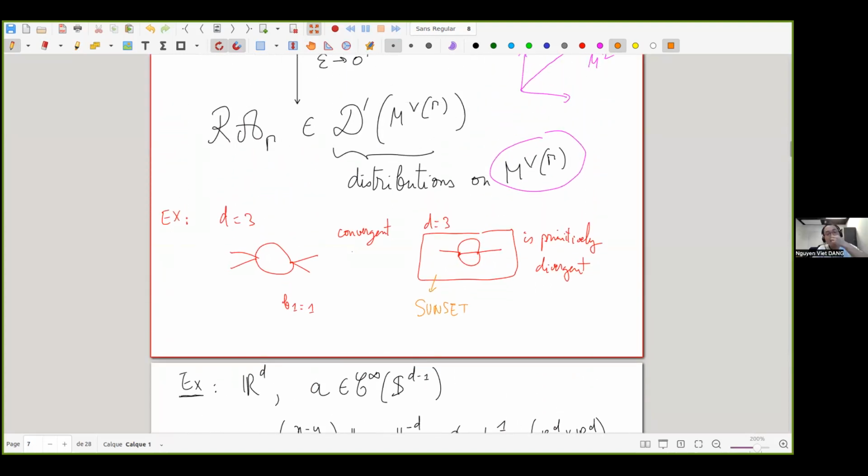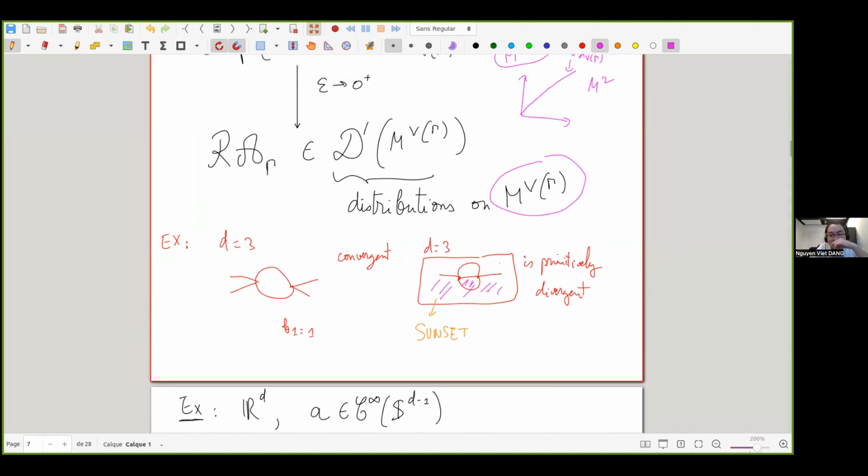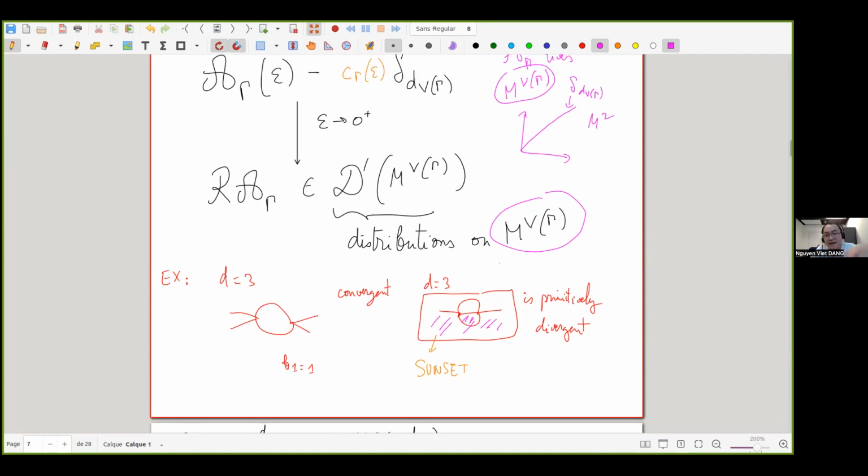Think about the ocean and the sun setting into the ocean and reflecting. Okay, I get it, very romantic. So here is the ocean. Okay, so this is the sunset graph. It is really the typical example of a primitively divergent graph in d equals 3.